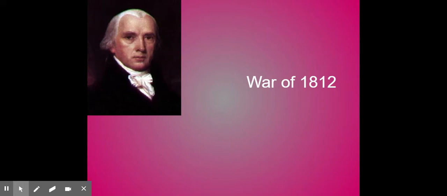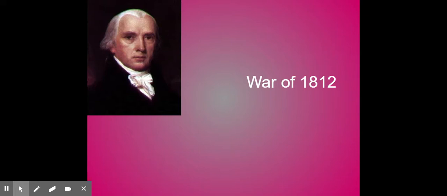Now, where we left things off last week, Thomas Jefferson had experienced some problems with Britain because of the Louisiana Purchase. Britain was upset that we were trading with France. They were really upset that we had given France $15 million for the Louisiana territory, because Napoleon was going to turn around and use that money to fight Britain, because Napoleon is trying to create an empire in Europe.